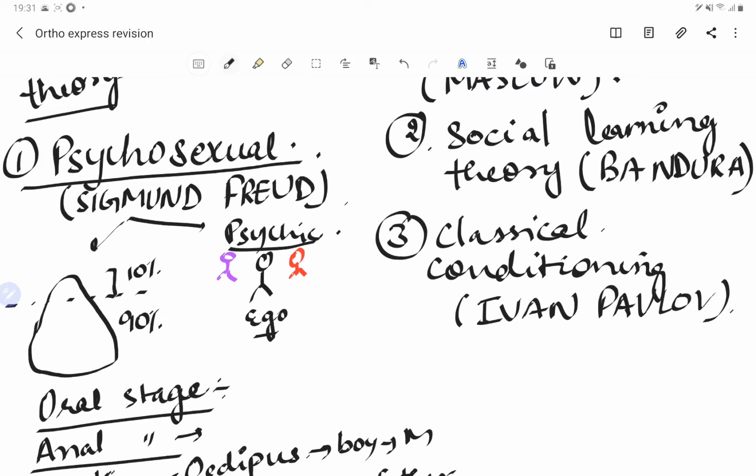So there is a dog and bell experiment. The dog responds to the bell. Initially the dog doesn't respond to the bell, but after a few days, when he knows that when the bell rings, the food comes, the dog responds to the conditioned bell stimulus with the conditioned salivatory response.